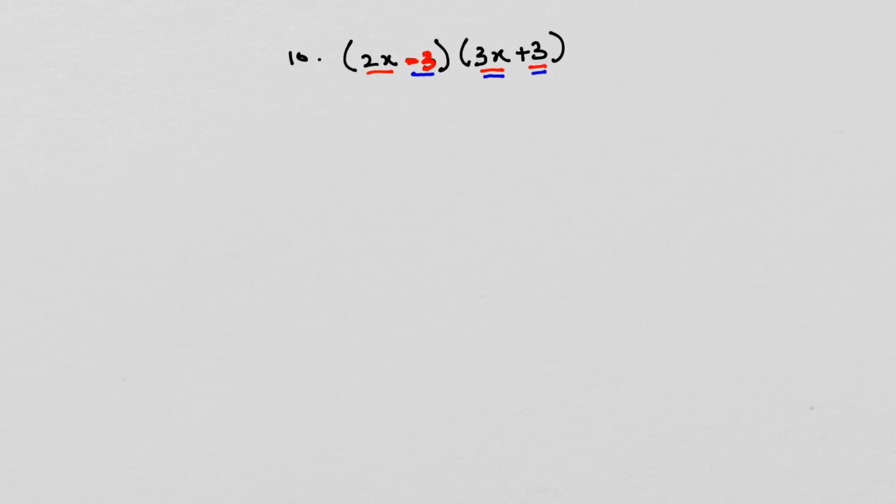Now let's do the multiplication. 2x times 3x will give us 6x squared. 2x times 3 will give us 6x. Next, negative 3 times 3x will give us negative 9x.